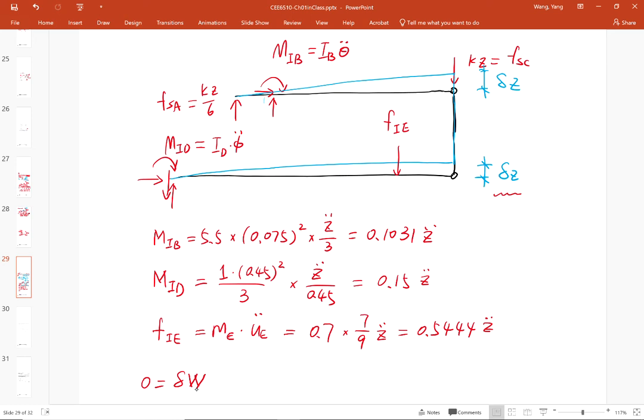And just to be sure, theta double dot, phi double dot, all those are coordinates Z. They change with time, but at one instant of time we have this equilibrium of this force system. This is for free vibration. We have only elastic forces and inertial forces and moments. There's no external force.